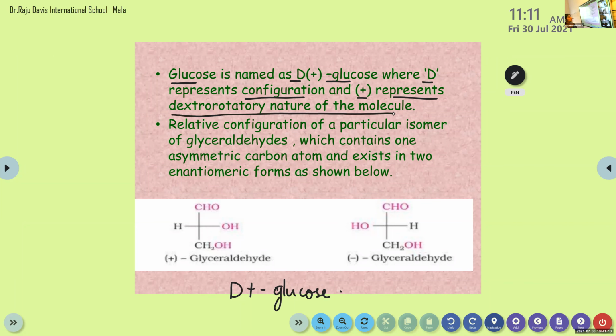I told you about the optical activity of compounds. We will learn more detail in the 10th chapter, but now you have to just listen. When an ordinary light is passed through a Nicol prism, it will be in a single plane.